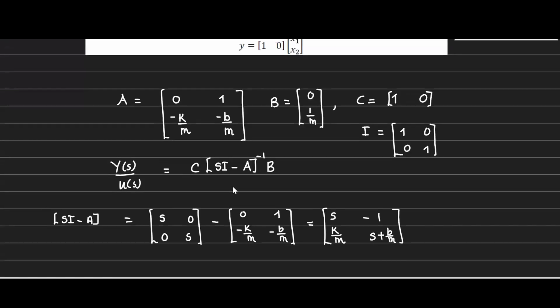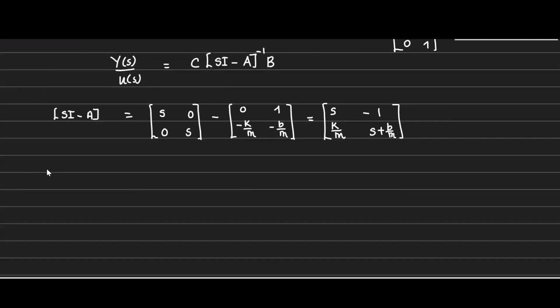So the inverse of a 2 by 2 matrix. Let's say matrix X. The inverse of matrix X is equal to the adjoint of matrix X divided by the determinant of matrix X. For a 2 by 2 matrix, the adjoint is the matrix you get when you exchange the elements in the major diagonal and multiply the elements in the minor diagonal by negative 1.